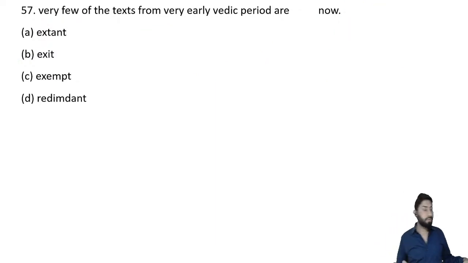Next. Very few, I think there are some typing mistakes here maybe. Let's check. I think there's some problem here. No, it's fine, right?